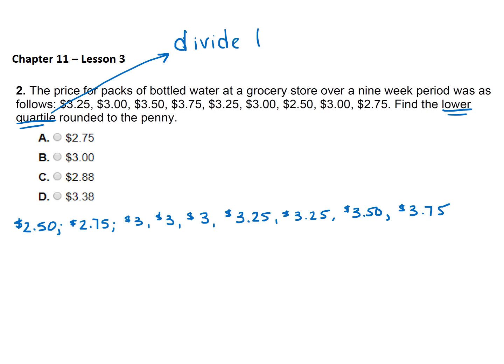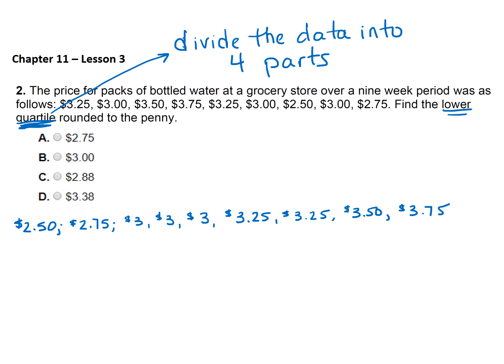So we're dividing the data into 4 parts, okay? When anything's asking for quartiles, it means that first you have to divide the data into 4 equal parts. All right, well, the first thing you need to do is divide it in half.